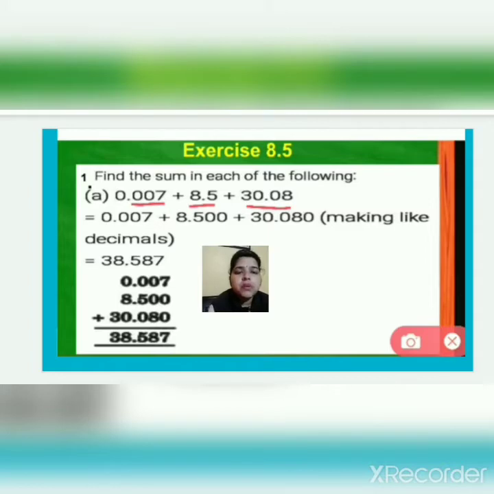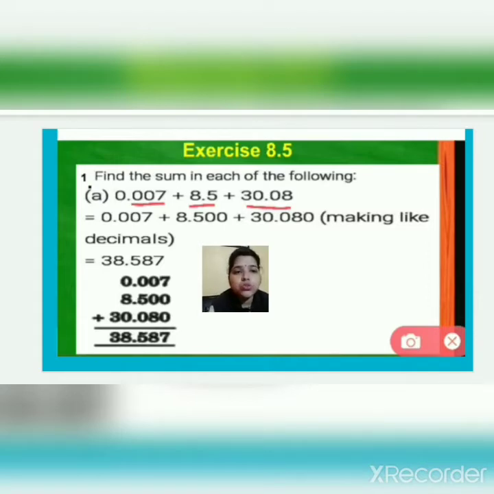So for the first number, tell me the highest place after the decimal point. It is 3, because 0.007 has the most places after the decimal point. So after the decimal point it has 3 place values and 8.5 has only 1. So make them like fractions, like decimals.